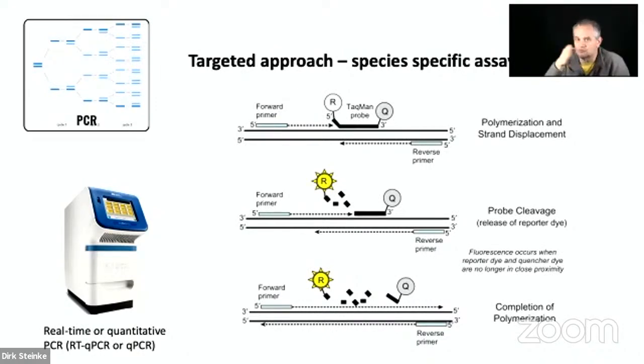So the polymerase moves over there, and all of a sudden this little probe starts to fall into pieces, which means it releases the reporter. As soon as that happens, the reporter starts giving a signal out there, so a fluorescence that can be detected through the qPCR machine. And that's how you do this, because as soon as you get one of those signals, you know your probe bound to the right organism.